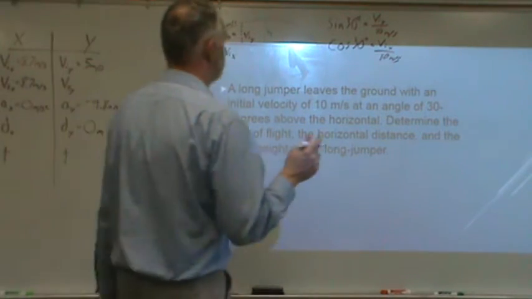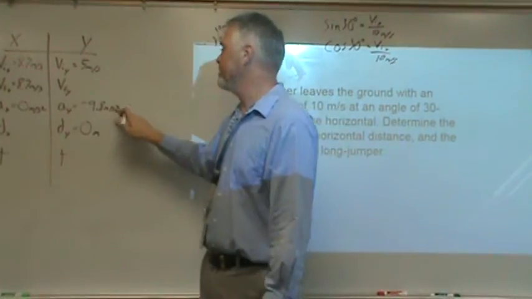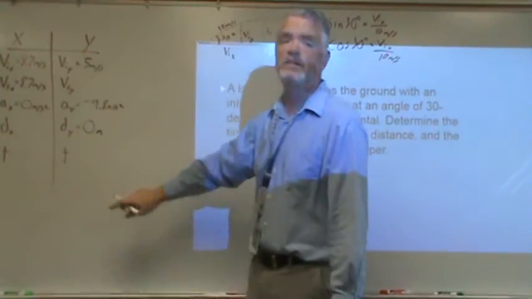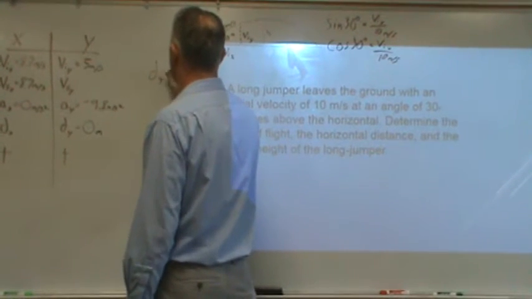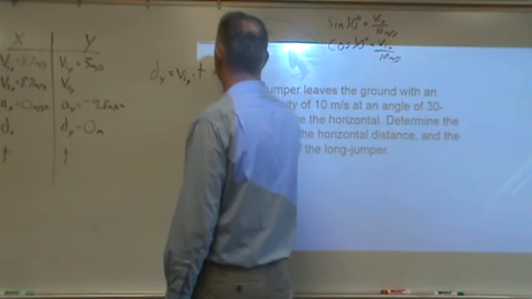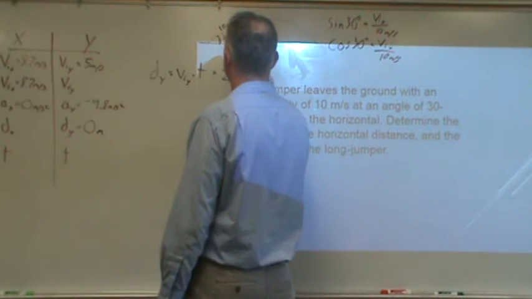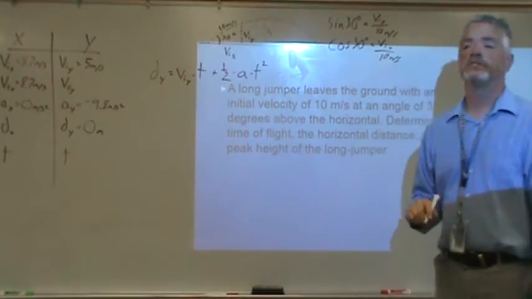So I'm going to use that same equation that I usually use, that first one, because I have displacement, acceleration, initial velocity, solving for time. So I want to use the equation that includes displacement, initial velocity, time, and acceleration. That's that first equation.